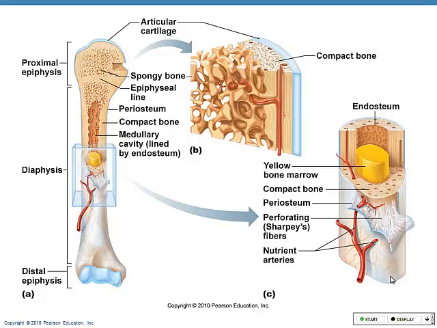When we look at a long bone, there are sections to it, the ends and the middle. The ends of bones are called what? Epiphysis. Now we have a proximal epiphysis and we have a distal epiphysis. You know those terms, right? What's proximal mean? Closest to the what?